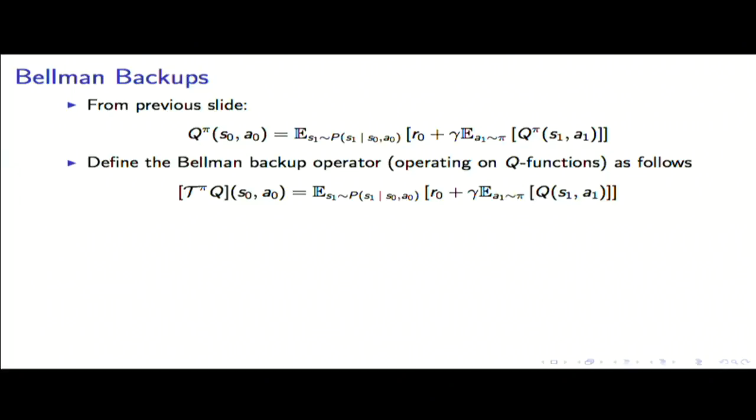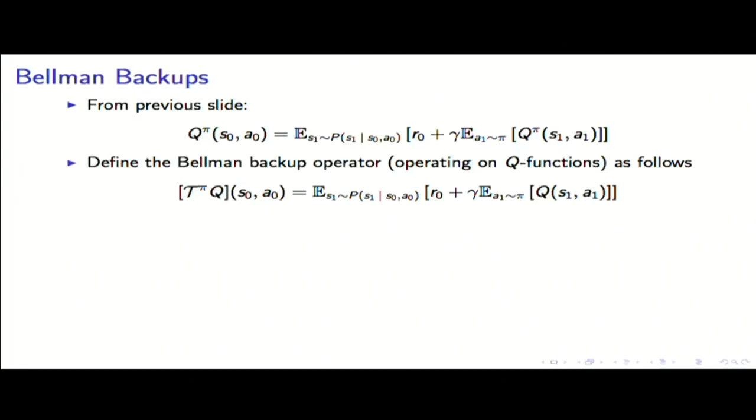As we talked about 2 classes ago, another interpretation is that this is what you get if you define it in terms of a certain finite horizon problem where you look ahead 2 steps, or you do 2 steps of backups in a finite horizon problem.